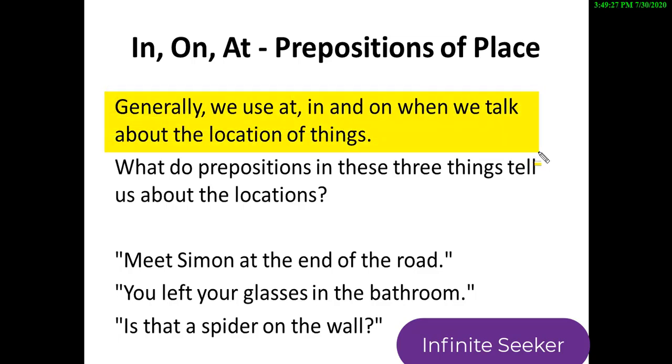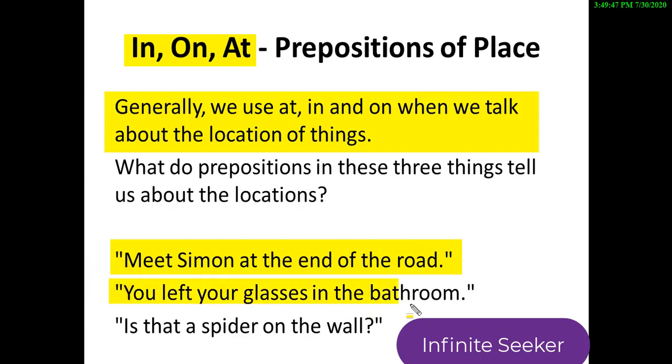So what do these three prepositions tell us about locations? For example, meet Simon at the end of the road. You left the glasses in the bathroom. Is the spider on the wall? These are the three examples, and we will look at them in more detail.